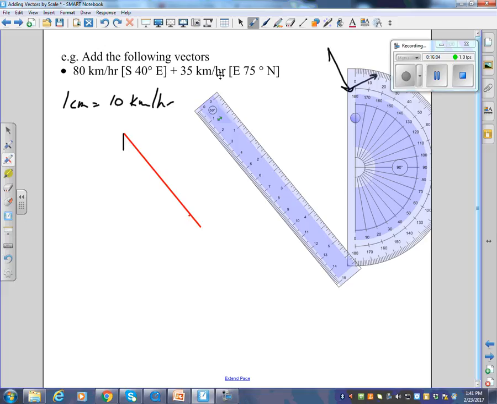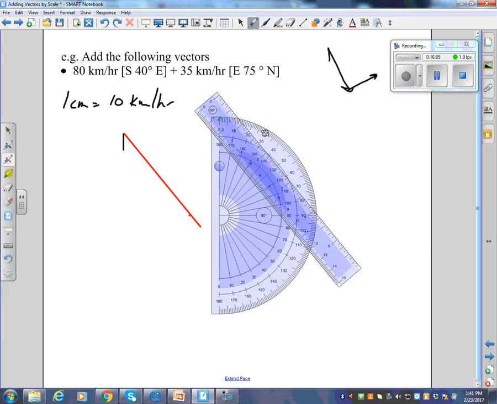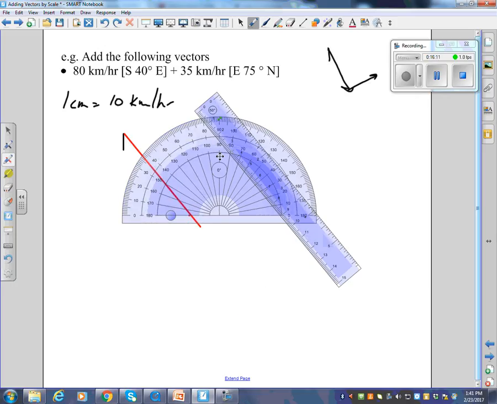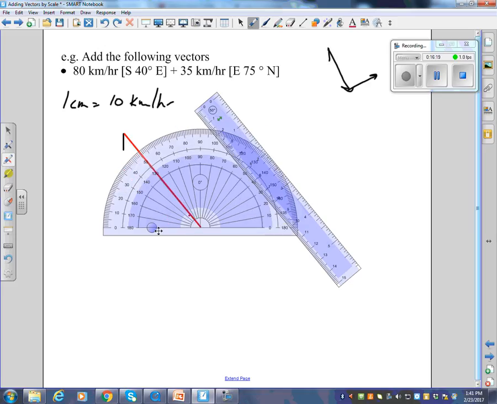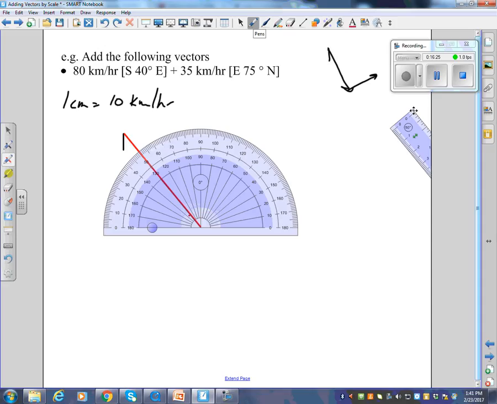Okay, then from there we're going east 75 north. So bring in your protractor again. You guys should probably draw a reference line showing east. Okay, so from there I look east and I'm going 75 north. So east 75 is there.